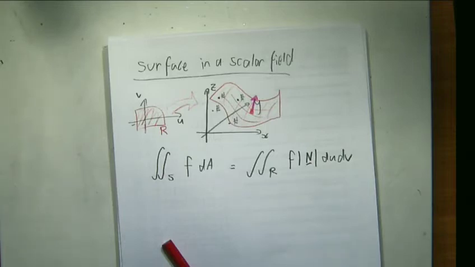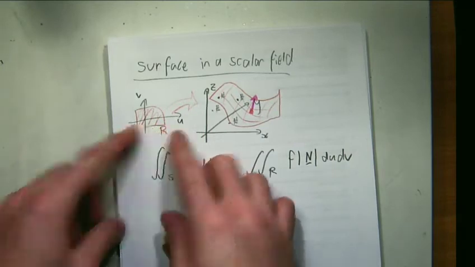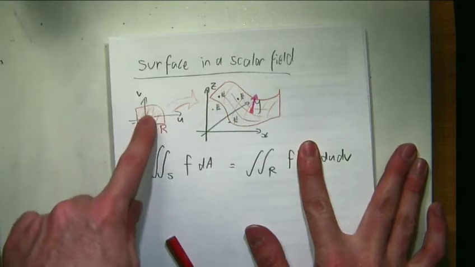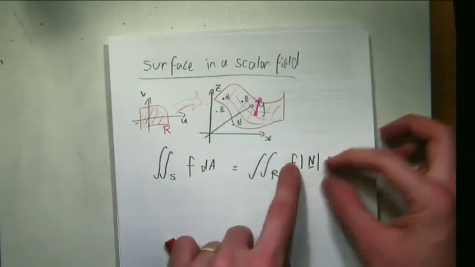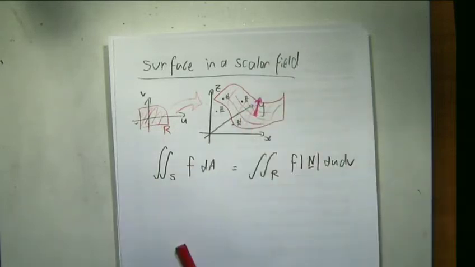The surface might be quite a lot bigger than the r that you use to make it, and so if you use just f du dv, the volume would be too small, and so you have to stretch it out by how big your surface is, which is what that normal vector is about.